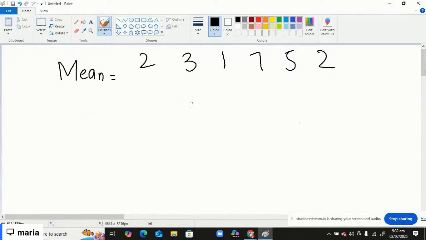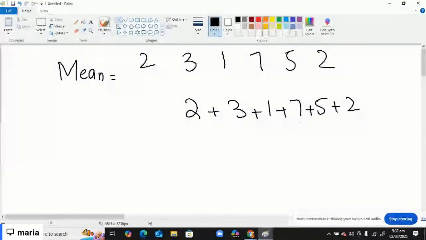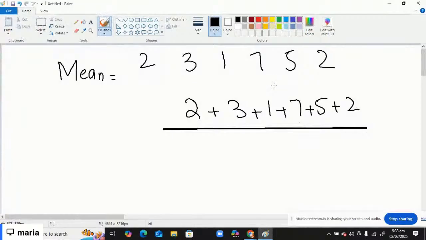For the mean, we add up all the numbers and then divide by how many total numbers there are. How many total numbers are there? 1, 2, 3, 4, 5, and 6. Putting 6 here.